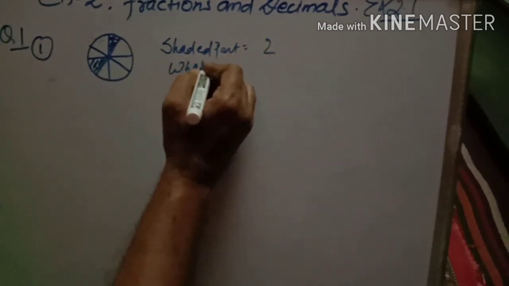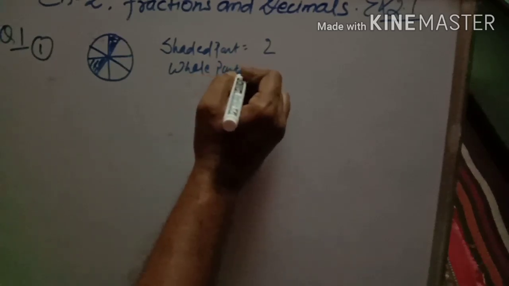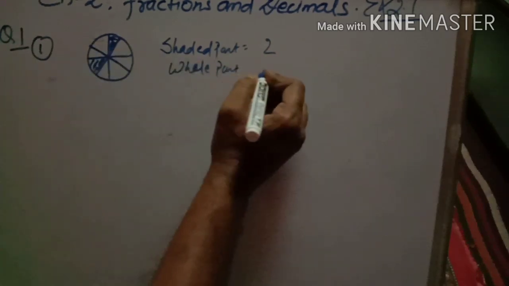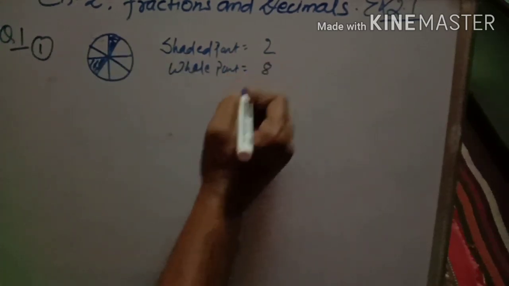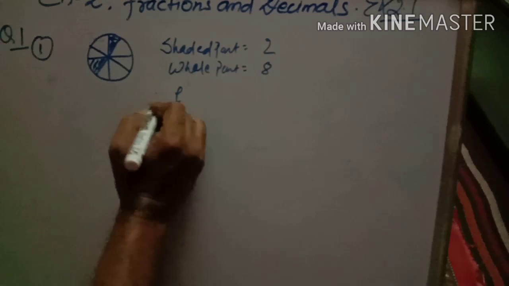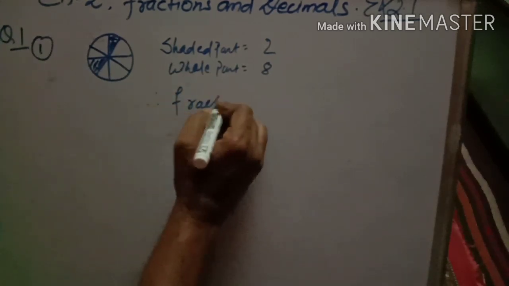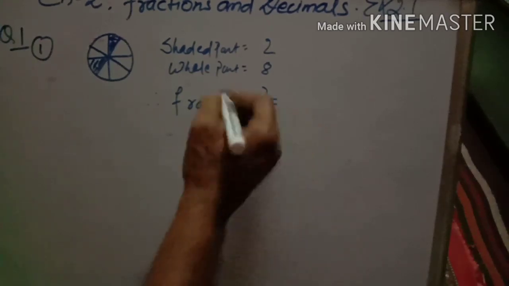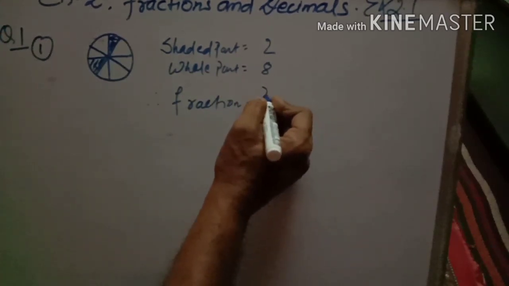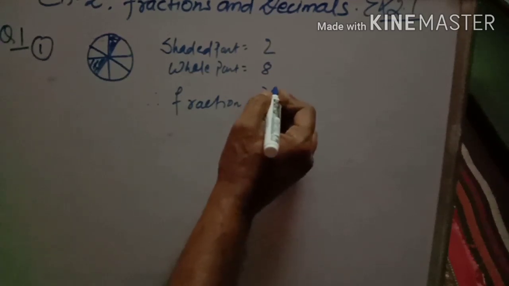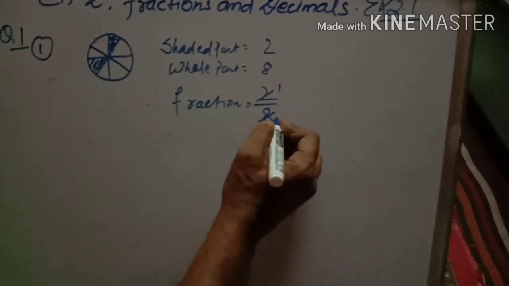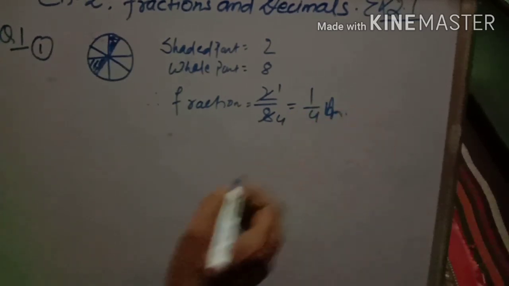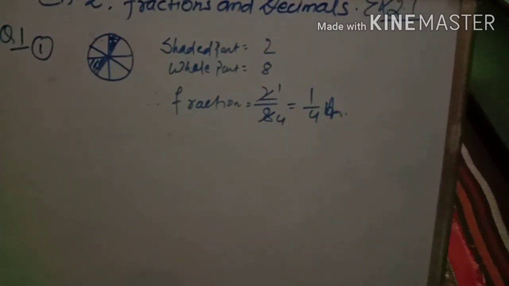Whole part equals 1, 2, 3, 4, 5, 6, 7, 8, 8 parts. Therefore the fraction will be 2 by 8. Now we can go for the lowest term. 2 ones are 2 and 2 fours are 8. 1 by 4. This is our required answer.